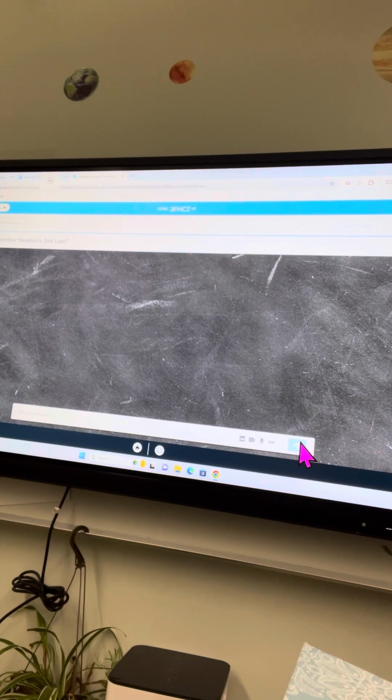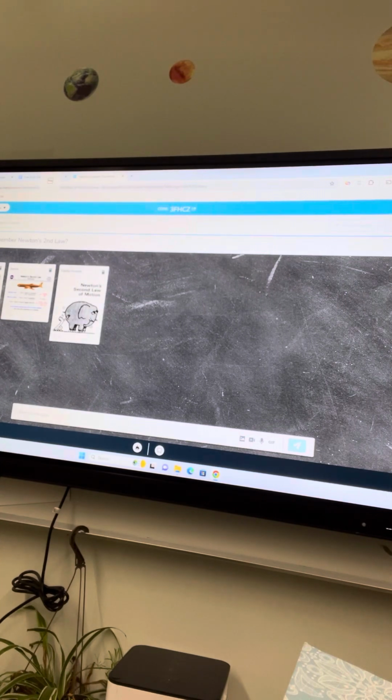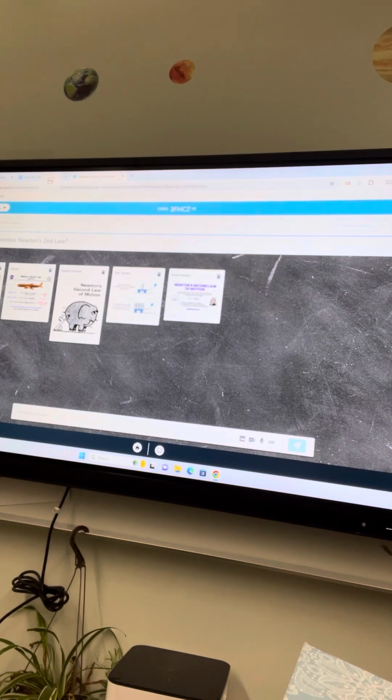Go ahead, write it in, find a meme, find something that helps you remember Newton's second law. Remember, everybody needs to post one.